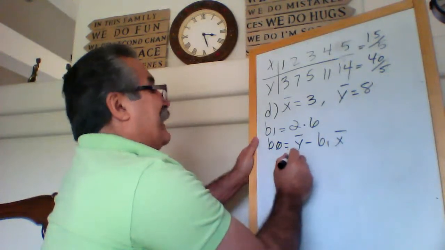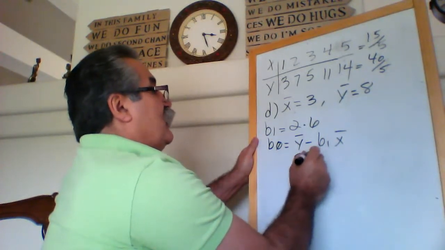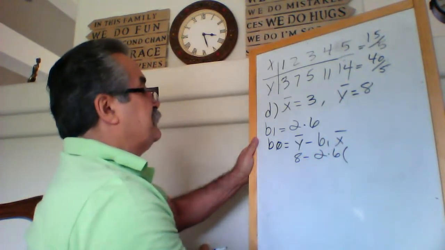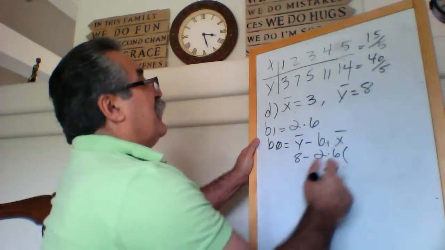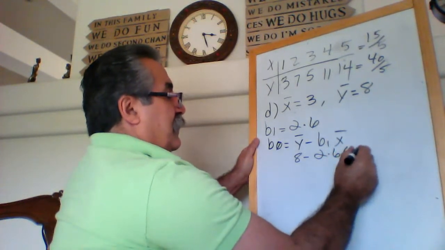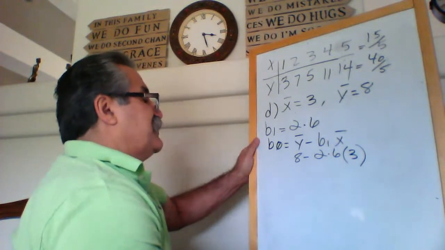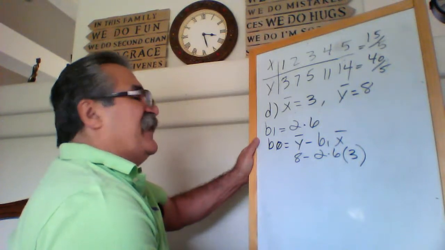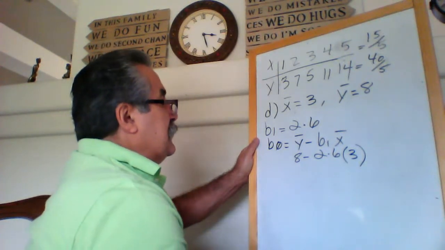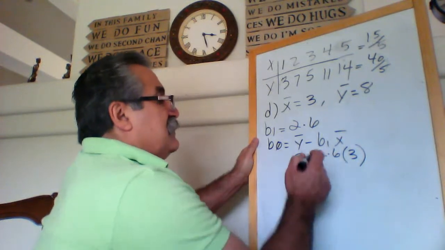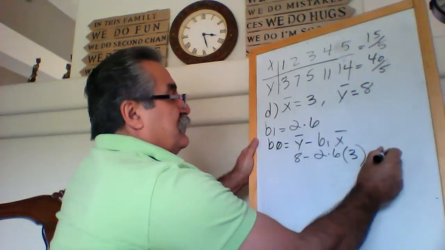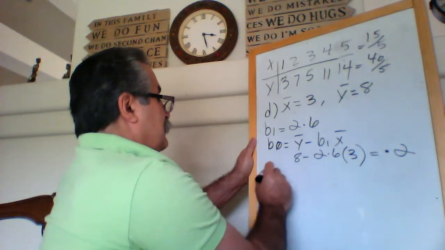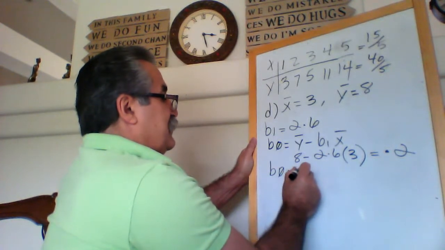Y bar is 8, B1 is 2.6 times x bar, which is 3. 3 times 2.6 is 7.8. 8 minus 7.8, that would be 0.2. So this is the value for B0. B sub 0 is equal to 0.2.